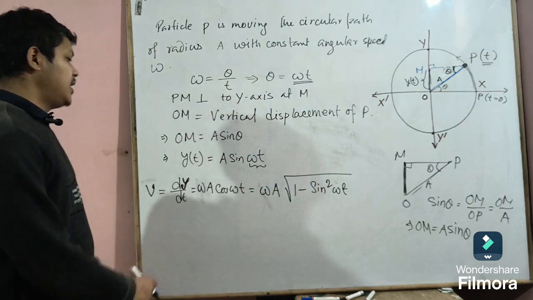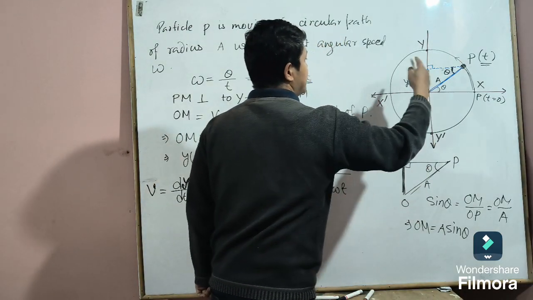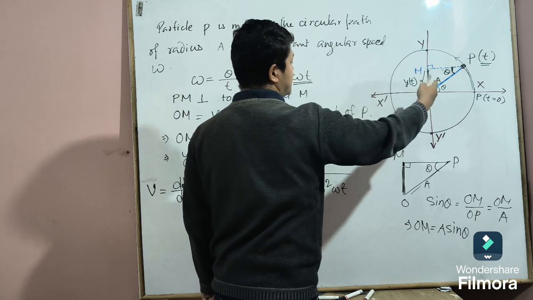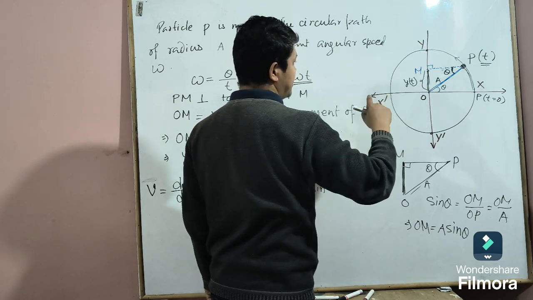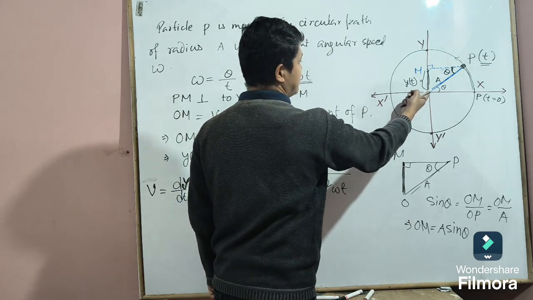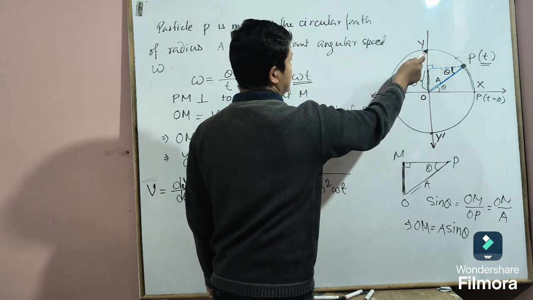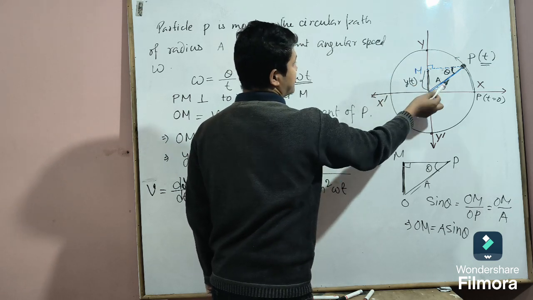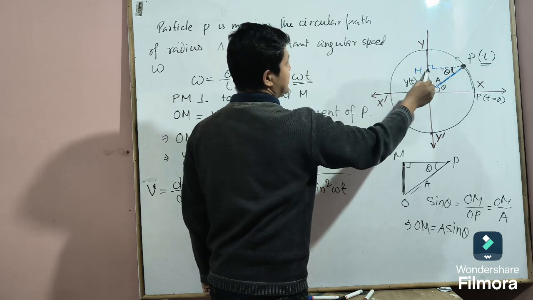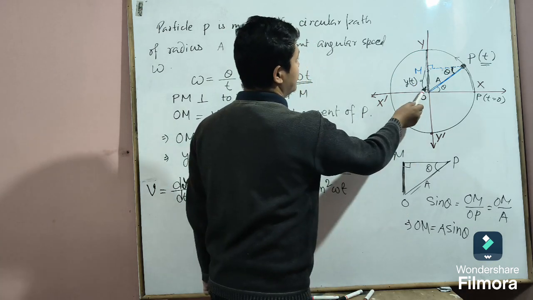We know this relation. And this capital A is the radius of this circle, and which is also the amplitude of this particle. Amplitude means the maximum displacement from O. So here the maximum displacement which is possible from O is equal to A, because this is the radius.